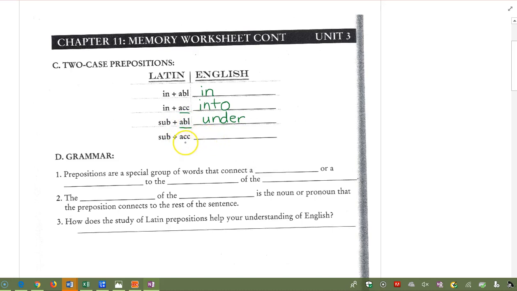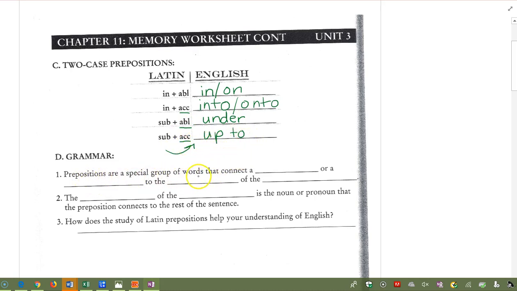Sub plus accusative is motion toward, so this is up to. Think of it as moving up to the surface of the water. So we just chanted: in plus ablative, in or on. In plus accusative, into, onto. Sub plus ablative, under. Sub plus accusative, up to.